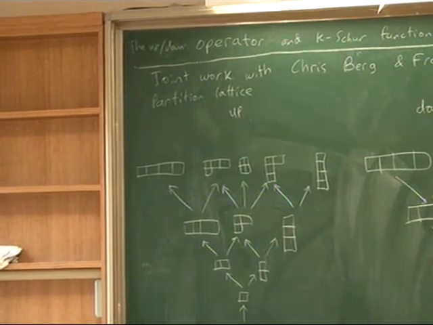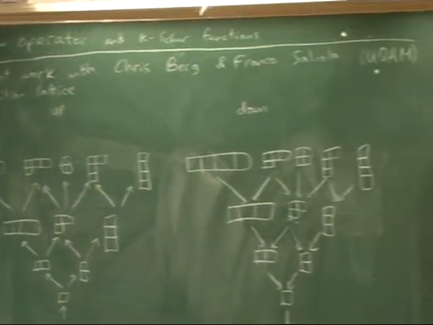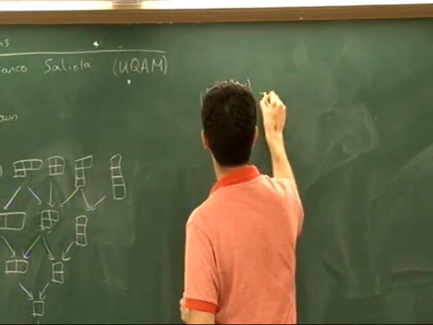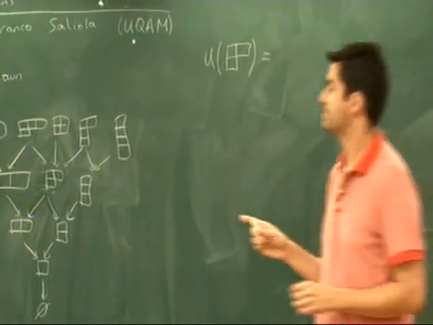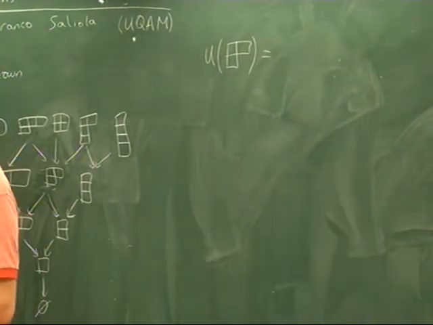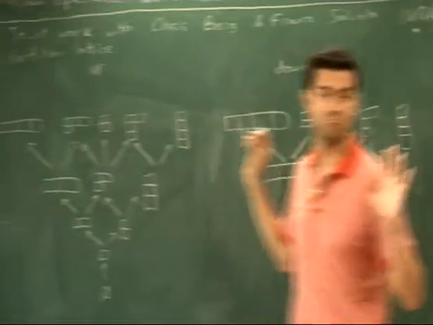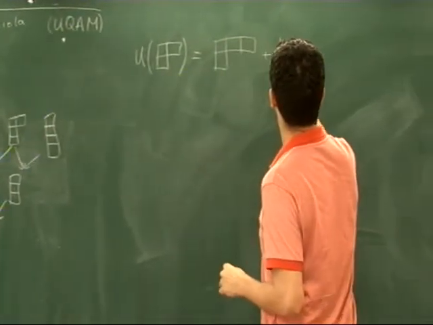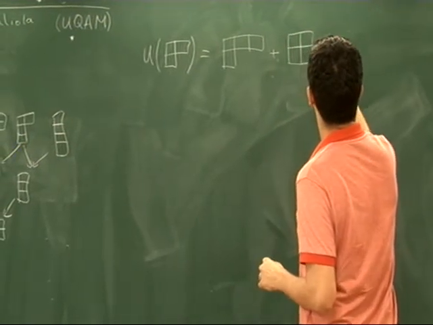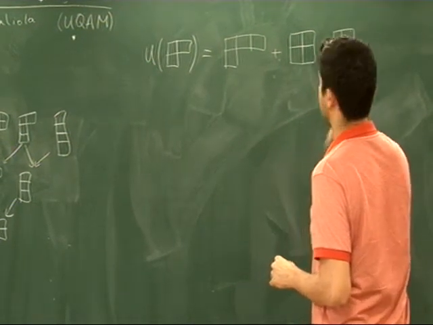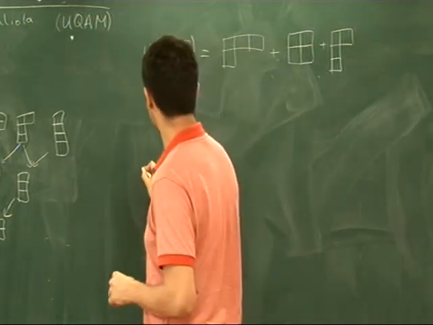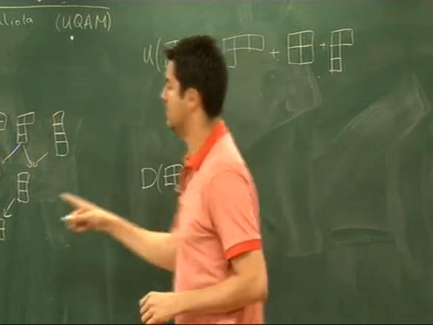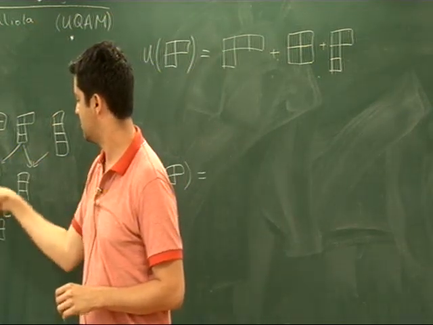So u of, for example, this, well, it's this plus that plus that. And the down operator of this, well, it's this plus that.